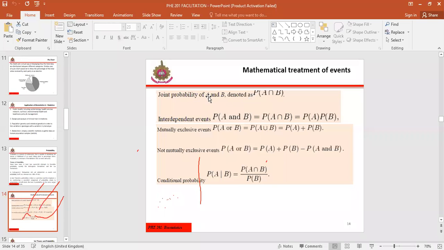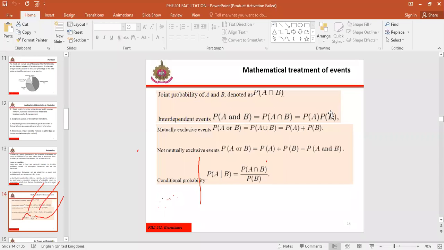If you have probability of A and B, the representation is A intersection B. The ones that are interdependent, it means you have probability of A and B, which is as well like the first one, A intersection B, and it can be split, whereby you have probability of A times probability of B.